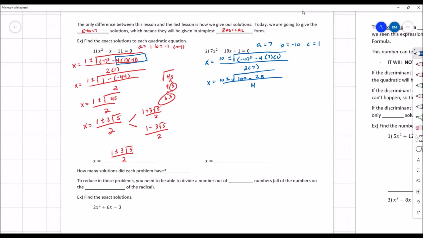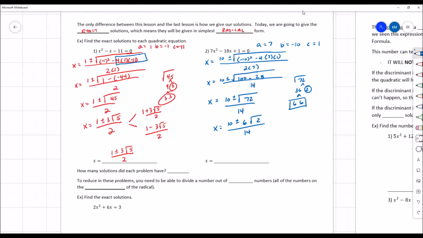Simplifying that further, we have x equals 10 plus or minus the square root of 72 over 14. And then I'm going to simplify radical 72, because radical 72 can be simplified. 36 and 2. 36 is a perfect square. So we have x equals 10 plus or minus 6 radical 2 over 14.